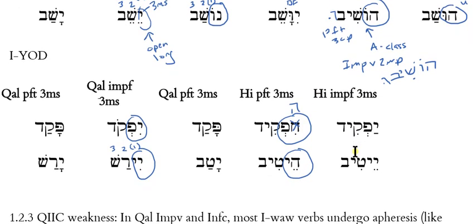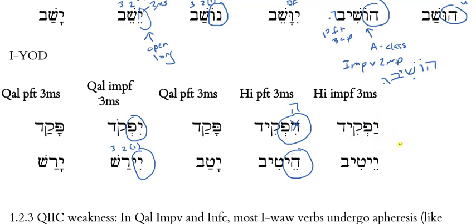That's not usual. It's not normal, okay? With these One-Vav and One-Yod verbs, I'm going to have an A-class vowel here, where I normally get an I-class vowel. And in the Hifil imperfect and other places, I'm going to get the A-class vowel, and that will be normal. I'll be looking for that.